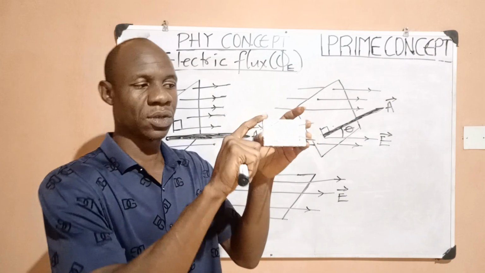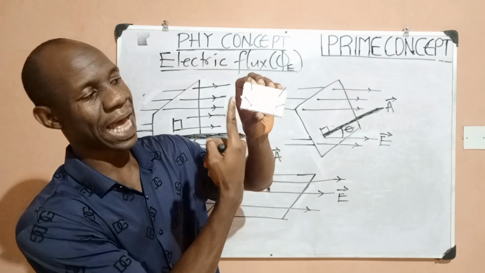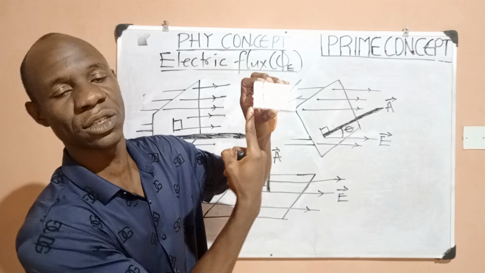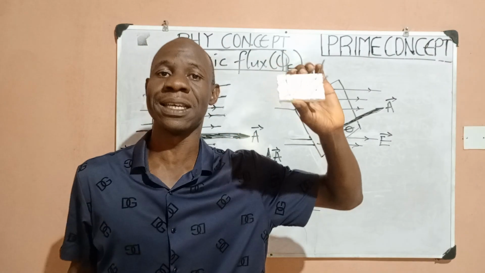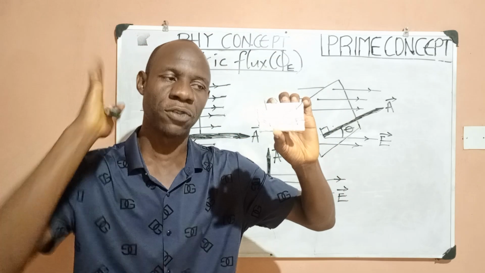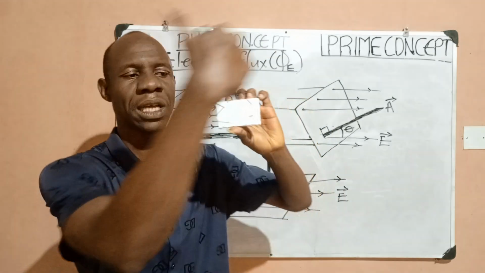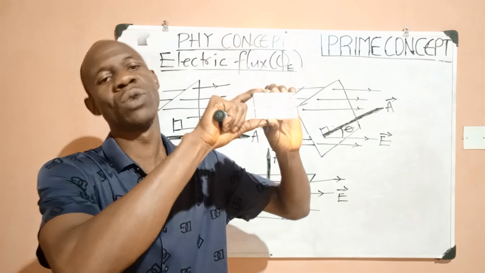Even though this is not done to scale, you'll notice that these lines are perpendicular. They are at right angle to this surface. So that's why I said this system in my hand here is what you simply refer to as electric flux. So electric flux is how many lines you have passing through a surface.